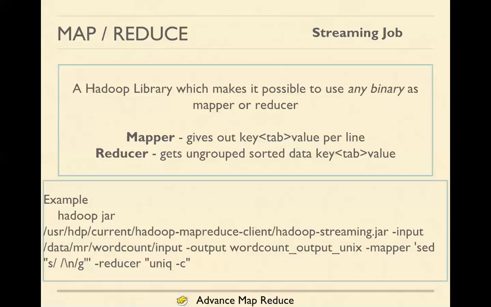So we are saying hadoop jar, and then we provide the hadoop-streaming.jar path, then the input folder in HDFS and the output folder in HDFS, then the mapper command and the reducer command. You can see that we're passing sed as the mapper command.